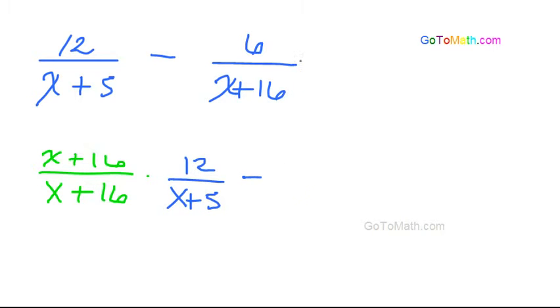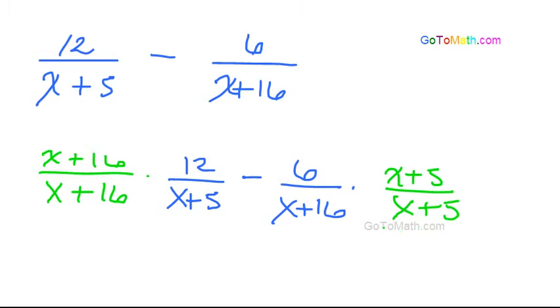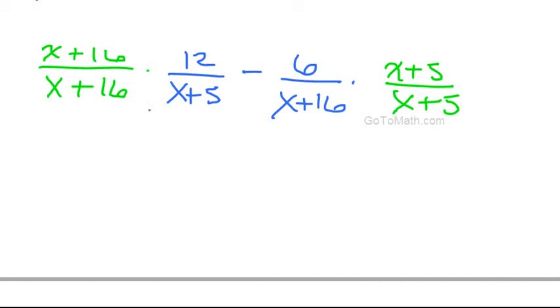Minus, oh, we finally got a minus going on. 6 over x plus 16, and now we're going to multiply this side by, that's right, you guessed it, x plus 5 over x plus 5. What do you know? Let's make sure we put some parentheses around this stuff down here in the bottom. We have a common denominator, and that is x plus 16 times x plus 5.